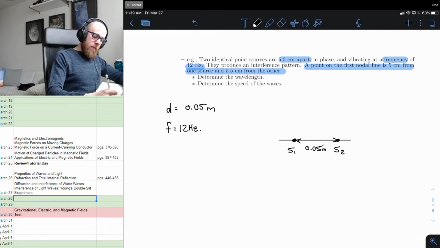We're looking at a point on the first nodal line. So here's our point P, we'll maybe call it P1. That point is 5.5 centimeters away from one source and only 5 centimeters away from the other source.